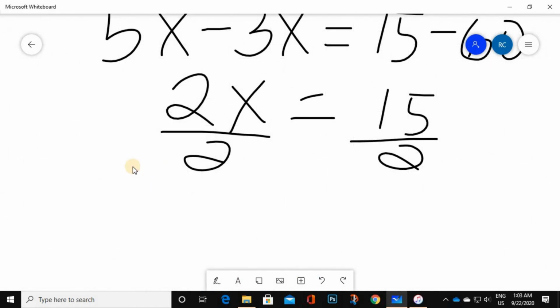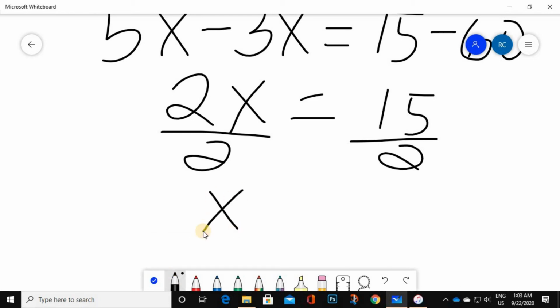Okay, so eliminate na ang 2. Mga kapatid, ang matitira na lang ay ang x. Kaya x equals 15 over 2.